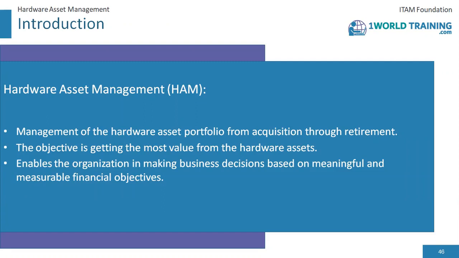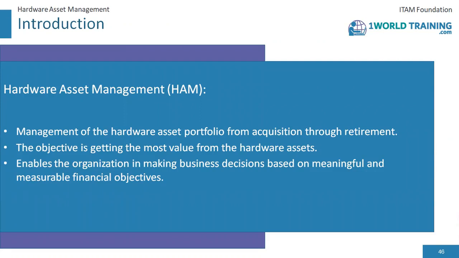Then you select a vendor, and after selecting a vendor, you purchase. After purchasing, you stock it in your inventory, and then you take it to operations. Then you use it for some time, let's say 2 years, 3 years, and then you will have to retire it and dispose of it. All this is covered in hardware asset management.